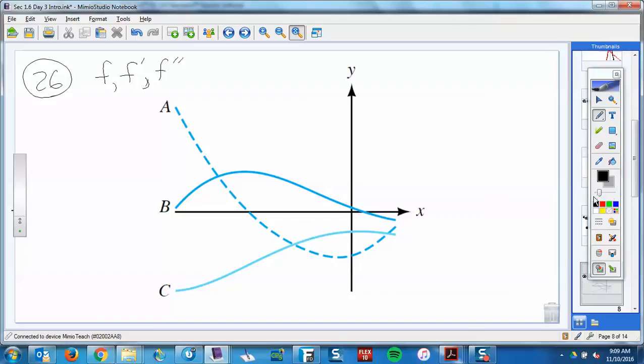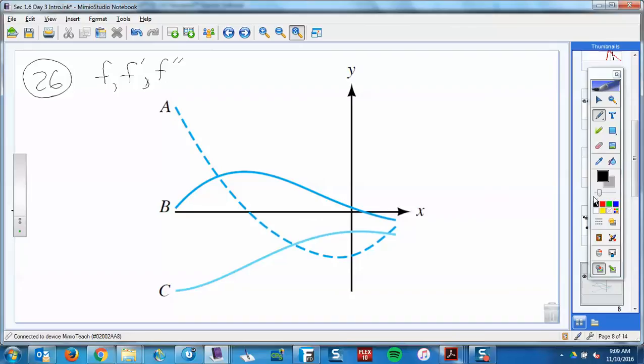Because if this then is F double prime, notice how this one is always below the x-axis? That means this one is always what? No, this one. When this is below the x-axis, it means it's negative, yes. Being below the x-axis means it's negative, right? So the F double prime is negative.